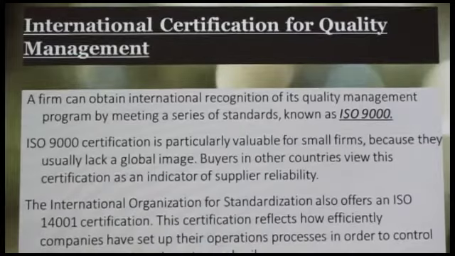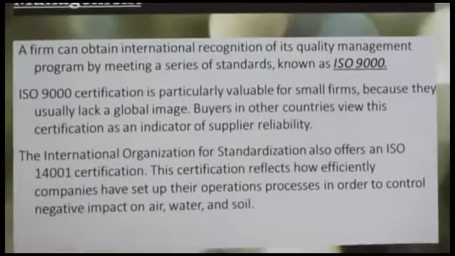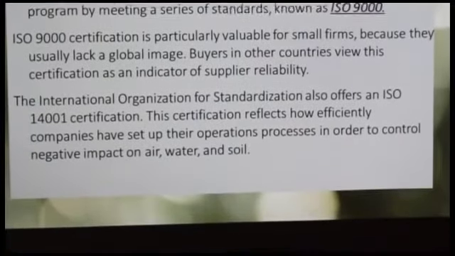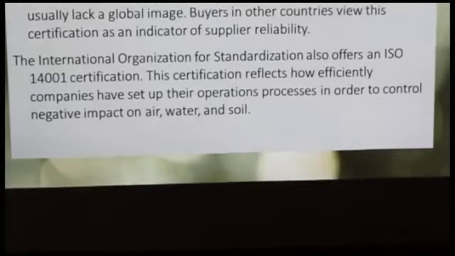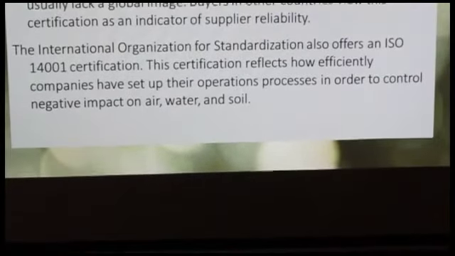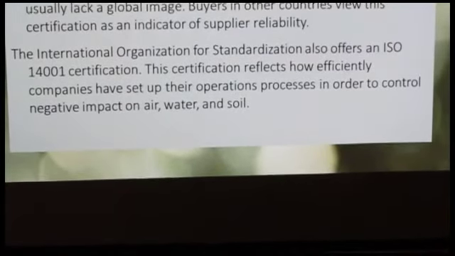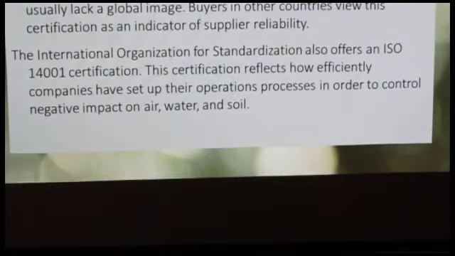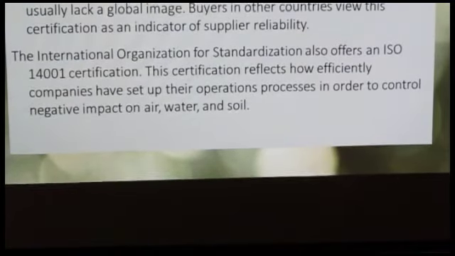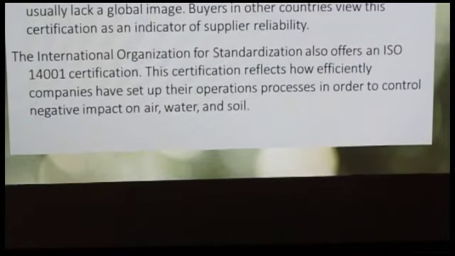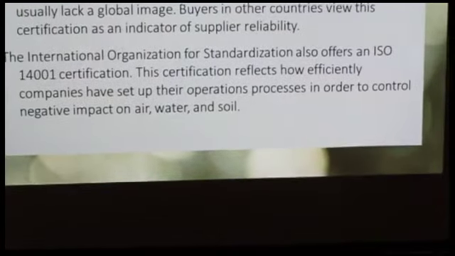Buyers in other countries view this certification as an indicator of supplier reliability. The International Organization for Standardization also offers an ISO 14001 certification. This certification reflects how efficiently companies have set up their operation processes in order to control negative impact on air, water, and soil.